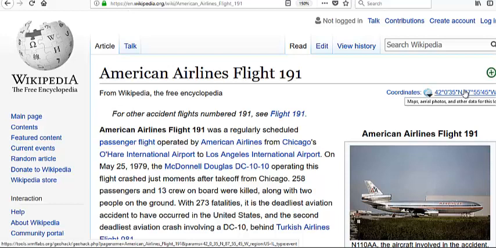So I was going out to Long Beach, California to work for McDonnell Douglas. So just before I went out there, the McDonnell Douglas DC-10 operating this flight crashed just moments after takeoff. 258 passengers and 13 crew on board were killed, along with 2 people on the ground. It is the deadliest aviation accident to occur in the United States.